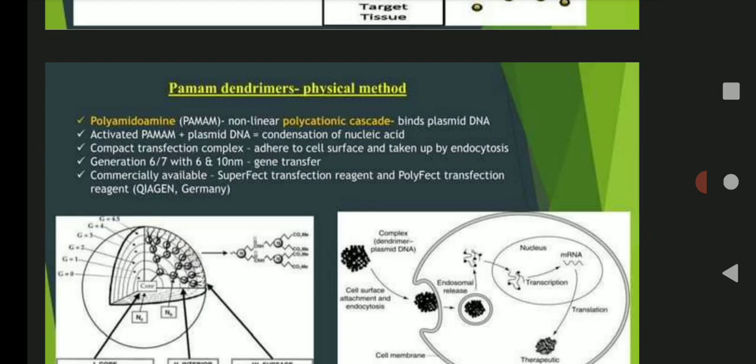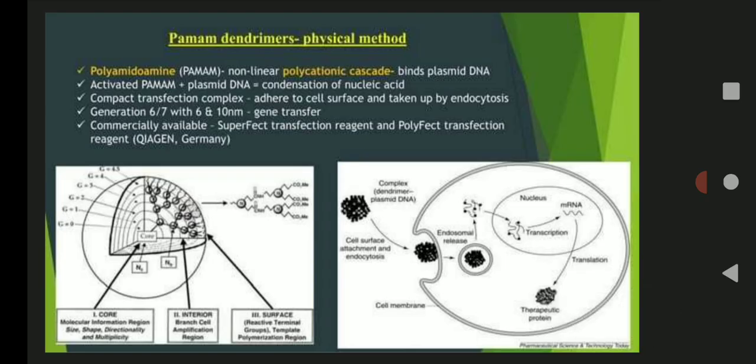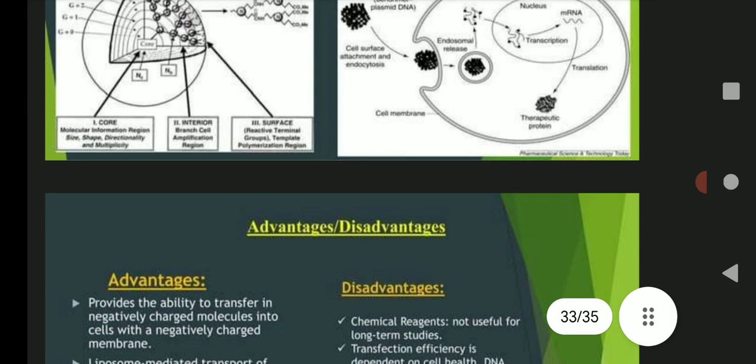Once it is taken up by endocytosis, the dendrimers are dismantled and the delivery of the gene takes place to the cytoplasm. Further, it moves to the nucleus and gets attached to the chromosome. The use of dendrimers is a physical mechanism.